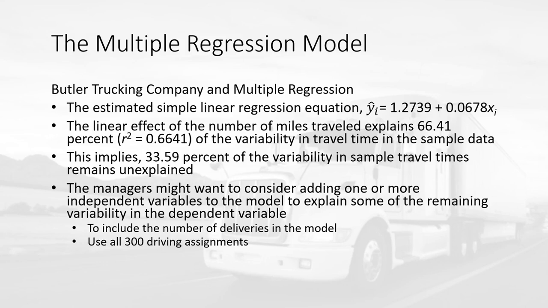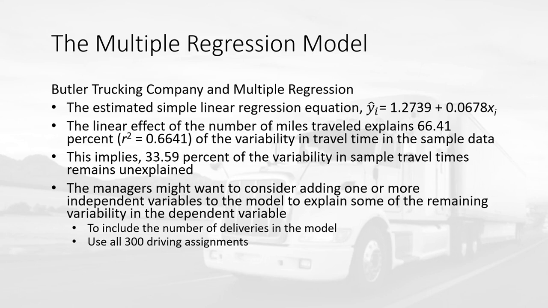Okay, so we also found that our R squared, our coefficient of determination, was 66.41%, meaning that miles traveled explained 66.41% of the variability in our travel time. Therefore, we end up with about 34% of our variation in our travel time that's not accounted for. And so the managers of this company in this scenario are saying, okay, 34% is still quite a bit unexplained.